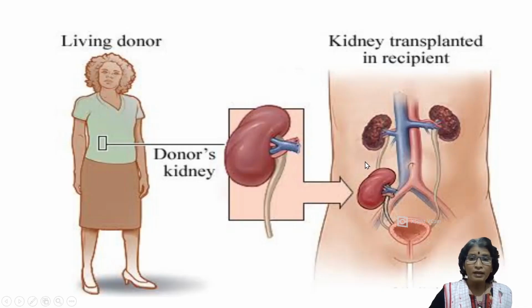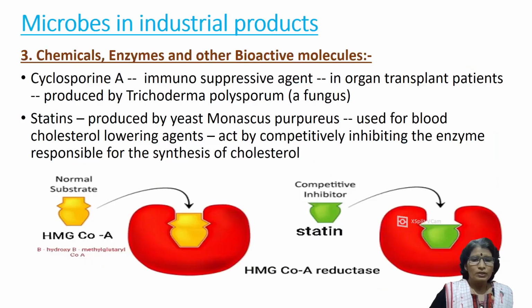If the person doesn't follow proper hygiene, his body gets infected by so many infections, and that infection may lead to infection of the transplanted kidney also. This may even lead to death. So in many cases, even though the organ transplantation surgery is successful, due to not maintaining proper hygiene and infections, the patient may die. So using medicine and maintaining proper hygiene is very important. Then only we can save the patient.